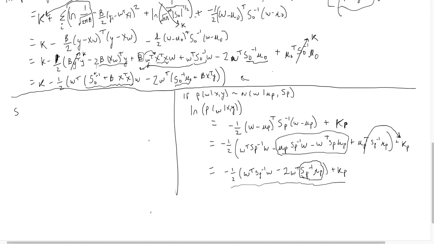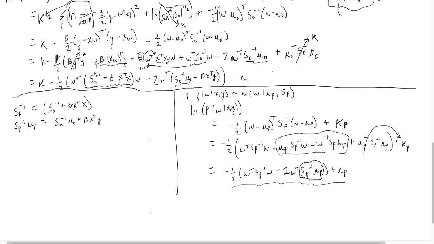If we're just doing pattern matching, the inverse of the covariance matrix for the posterior distribution is equal to S0 inverse plus beta X transpose X. And we know that this product is equal to S0 inverse mu 0 plus beta X transpose y.